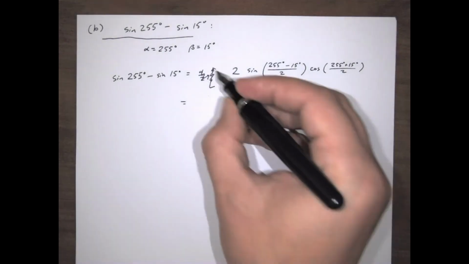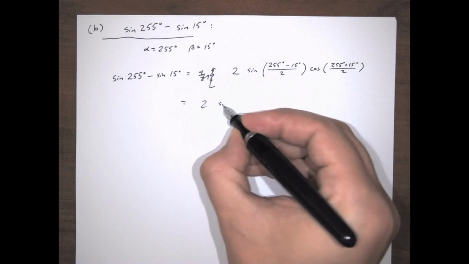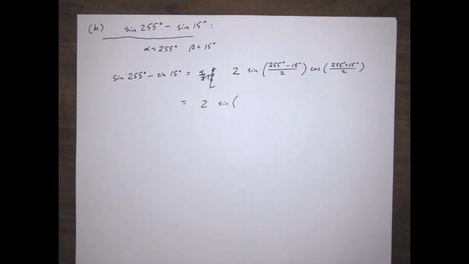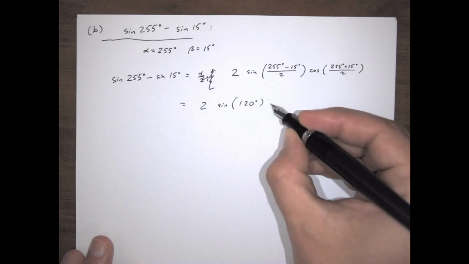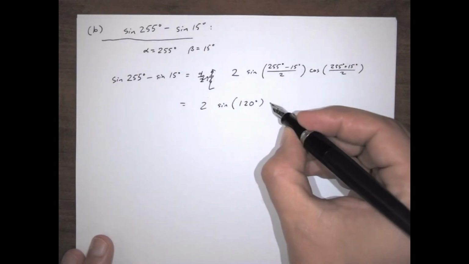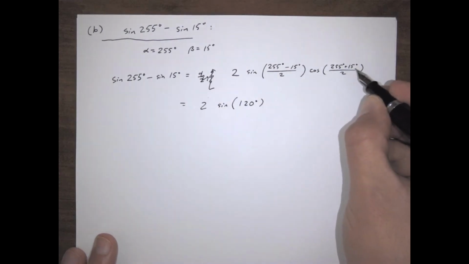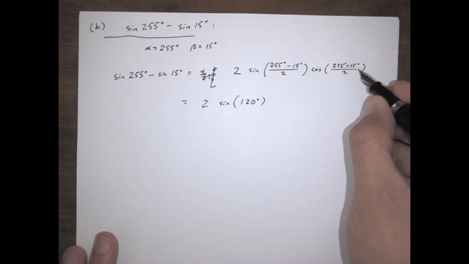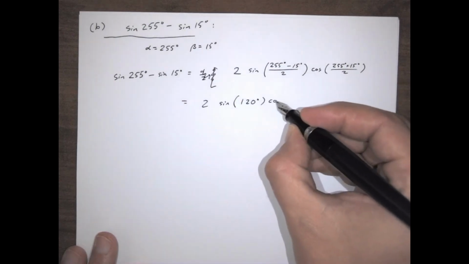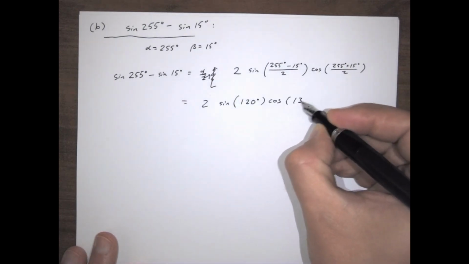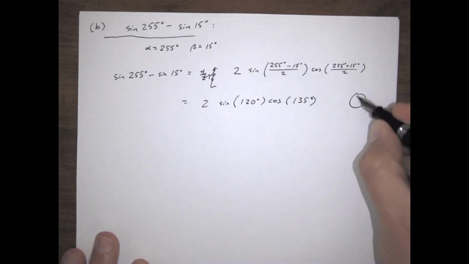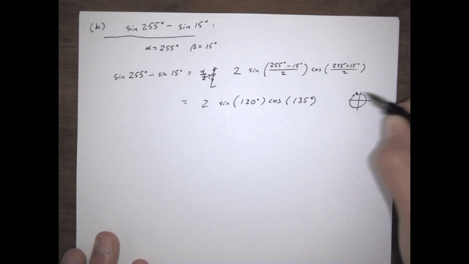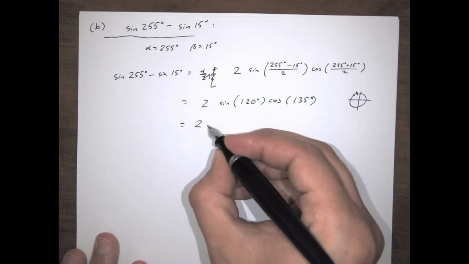which is then going to equal 2 times sine of, alright, what's that going to be? 240 divided by 2 is going to be 120. And then the other one is 270 divided by 2, which is going to be 135. And then we just would figure out where these each are. So 120, 135, and we know what each of these are.